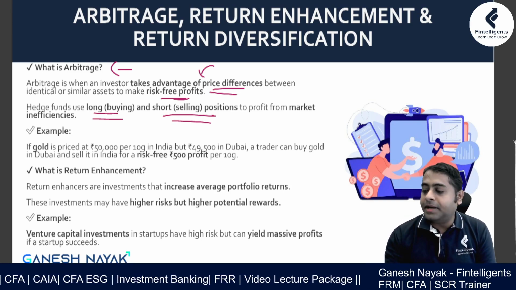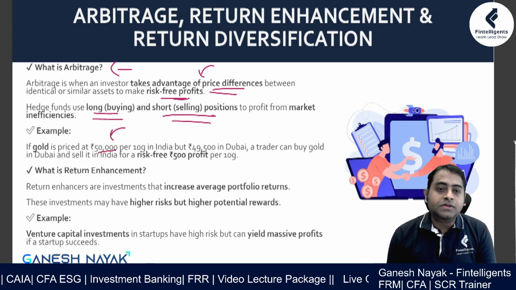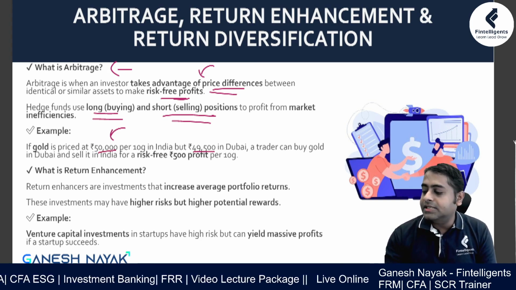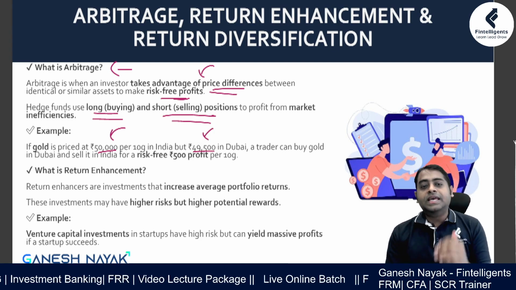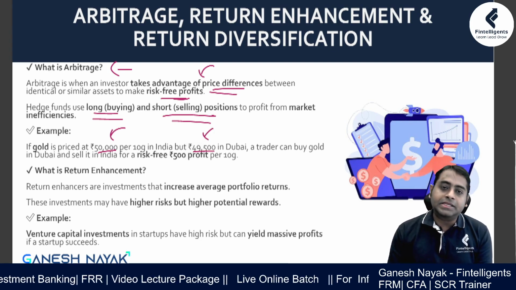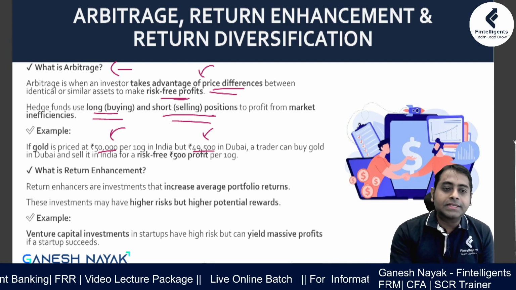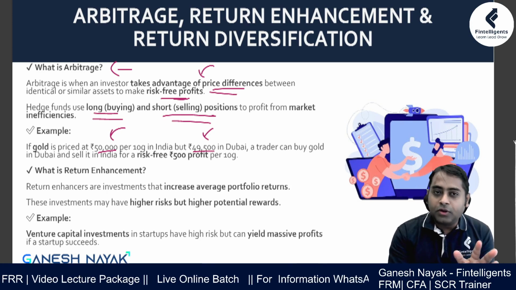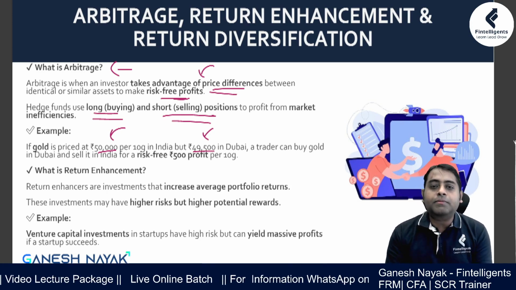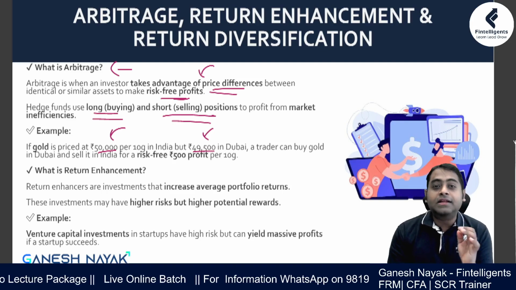For example, if the price in India is 50,000 for 10 gram gold and somewhere else it is 49,500, theoretically you can sell wherever the price is higher and buy wherever the price is lower. Obviously this example is slightly different because you will have to pay the cost of travel and all. I'm not considering that, but theoretically you can make profit. That is nothing but your arbitrage.